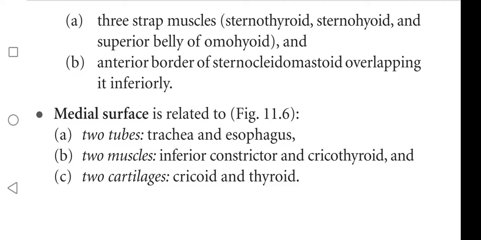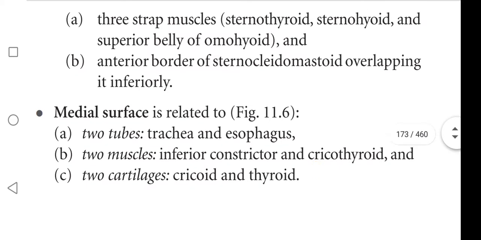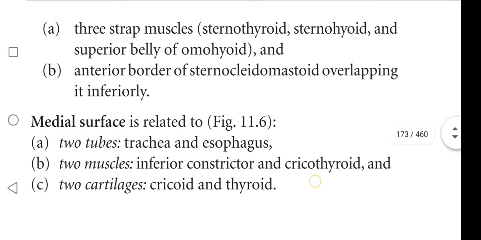What are the two cartilages? Cricoid cartilage, thyroid cartilage. In the name, this muscle only: cricothyroid, cricoid thyroid.